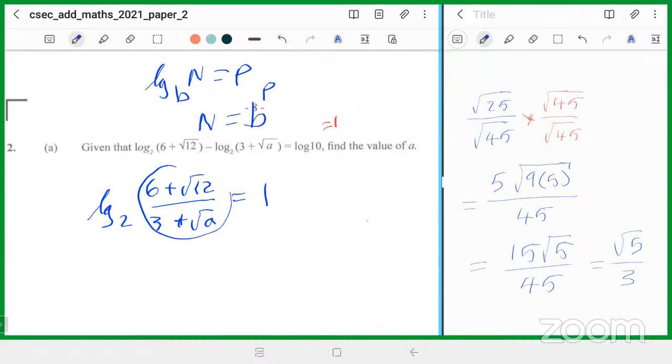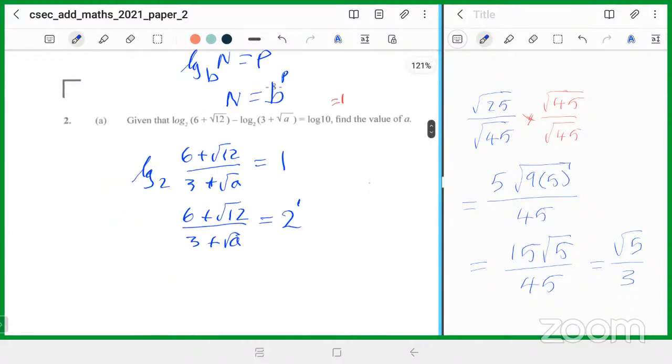So this number is equal to the 2 raised to the power 1 over here. Log of a number is a power. This is always a power. This is always a number. This is always a base. All right? So if we're using that, then the base raised to the power, the number here, which is 6 plus root 12 divided by 3 plus root a, becomes equal to 2 to the power 1, which is 2.